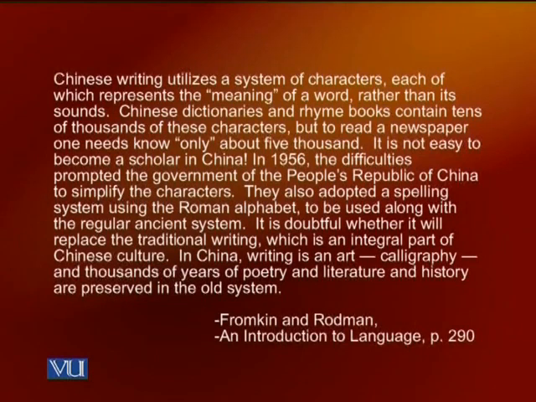In 1956, the difficulties prompted the government of the People's Republic of China to simplify the characters. They also adopted a spelling system using the Roman alphabet to be used along with the regular ancient system. It is doubtful whether it will replace the traditional writing, which is an integral part of Chinese culture.